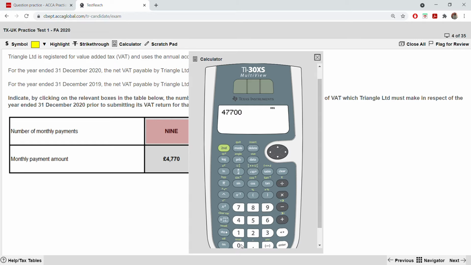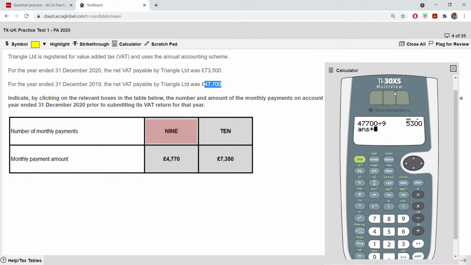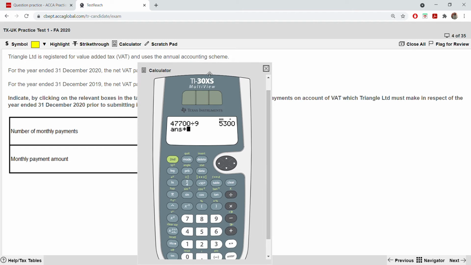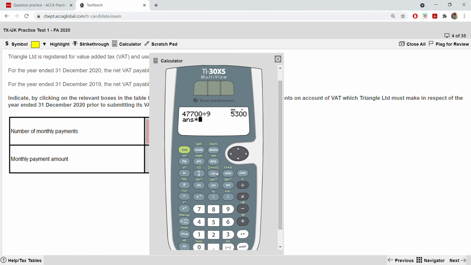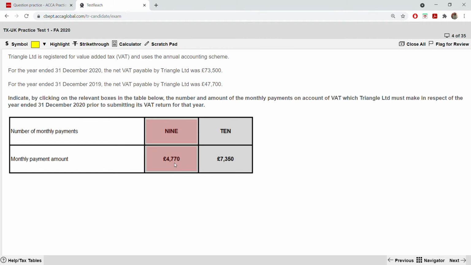You have to divide this by 9, because you are making 9 monthly payments, and multiply this by what percentage? 90 percent, because you are making 10% monthly payments. So it is 4,770.